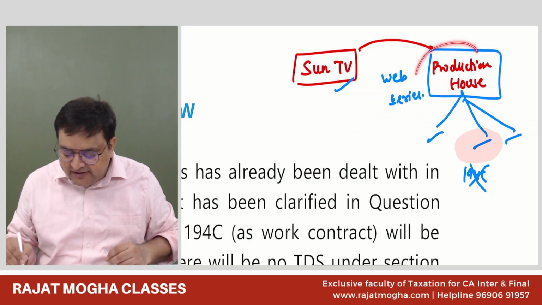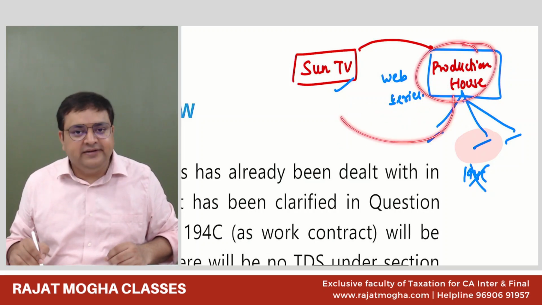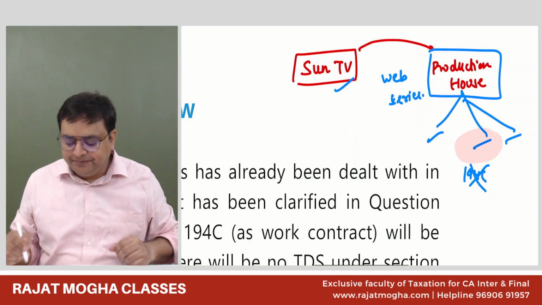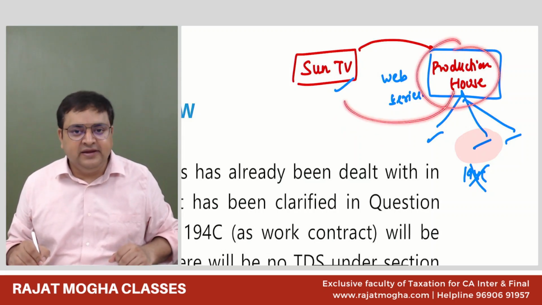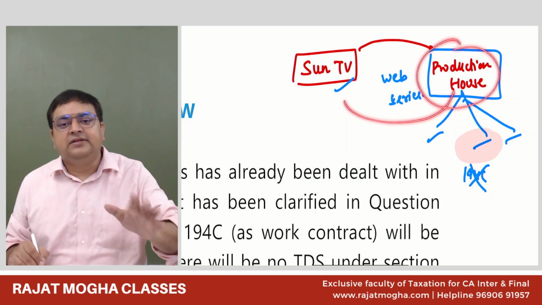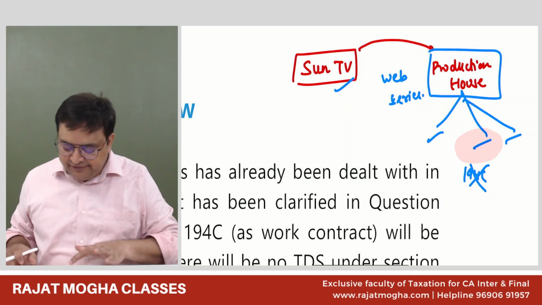So it depends on whether they are selling their ready-made series, no 194C. But if they are producing a web series as per their specification, then 194C would be there. Everybody got it?